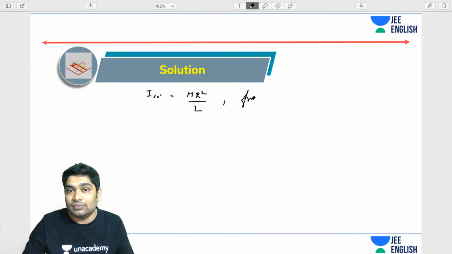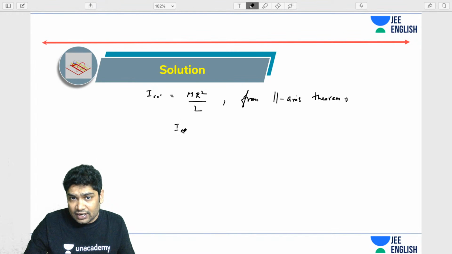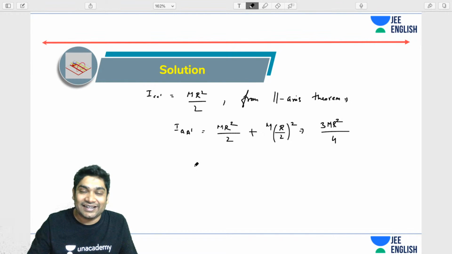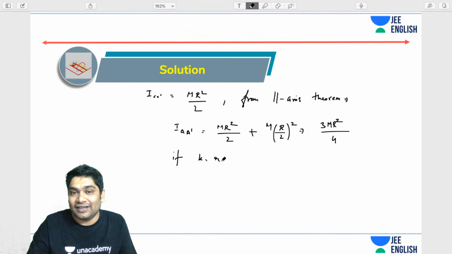Now from the parallel axis theorem, IAA dash would be mR square by 2 plus m times R by 2 whole square, which would be 3 by 4 mR square.